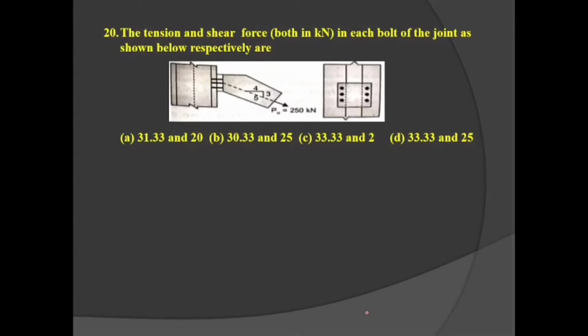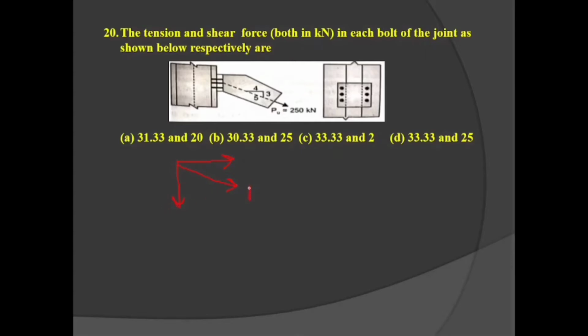Here we have to calculate the value of tangent theta, cos theta, and sin theta initially, because this force has to be resolved. If I resolve the components, one component will be in the horizontal direction, this is the net resultant force, and one component will be in the vertical direction.